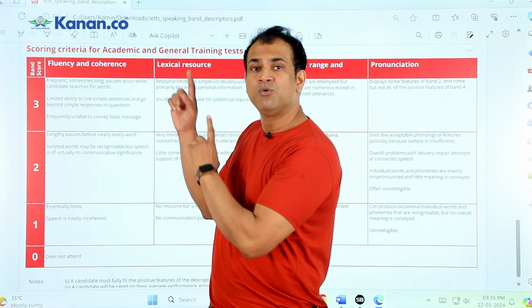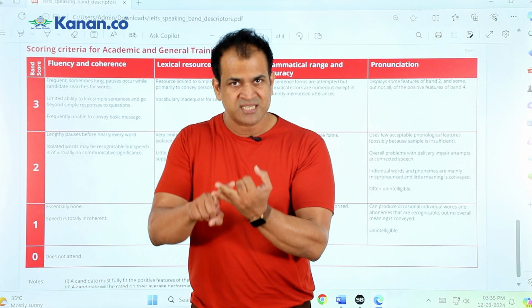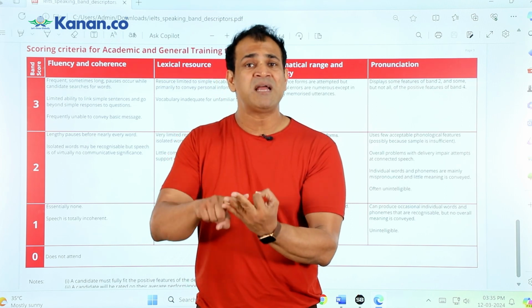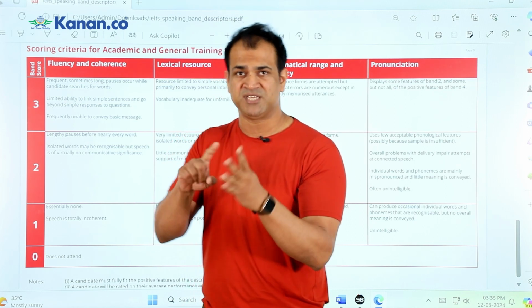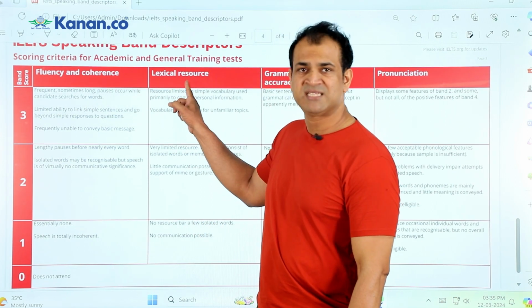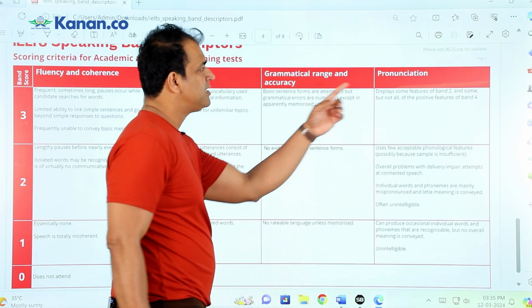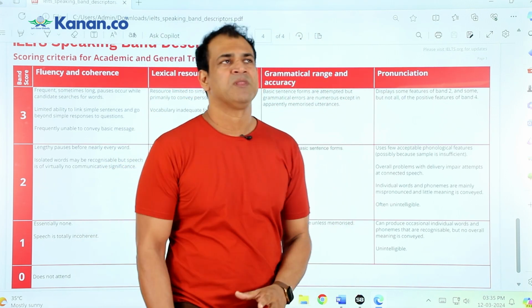The band criteria are Fluency and Coherence, Lexical Resource, your vocabulary, Grammatical Range and Accuracy, and Pronunciation, right?